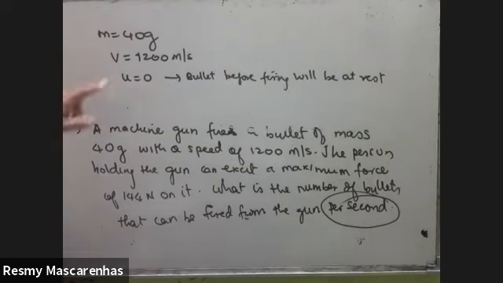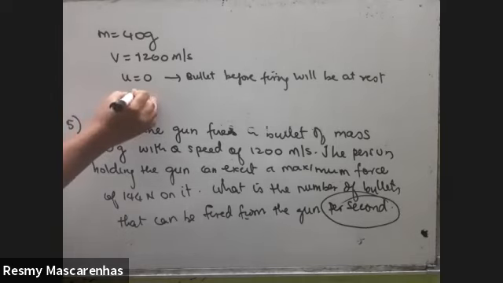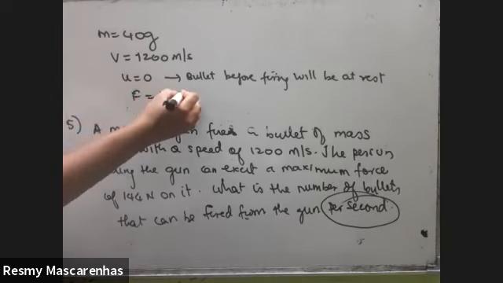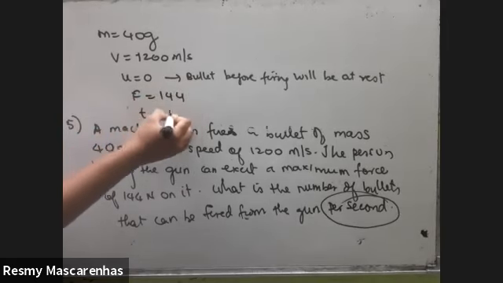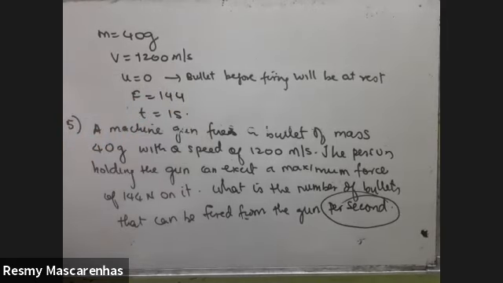Only when it fires will it attain this velocity. So the initial velocity of the bullet will be 0. And force has been given. Time is 1 second, since it is per second.